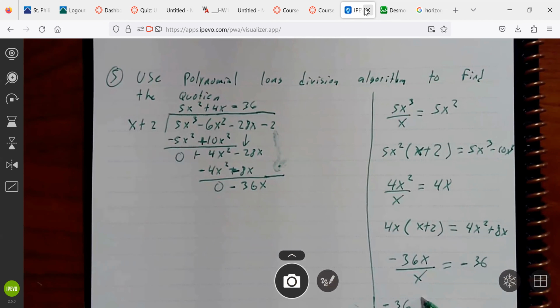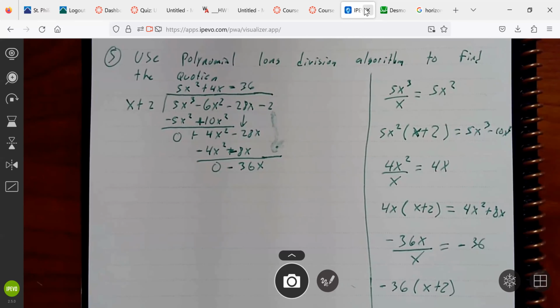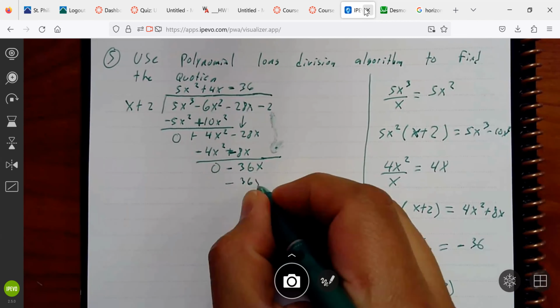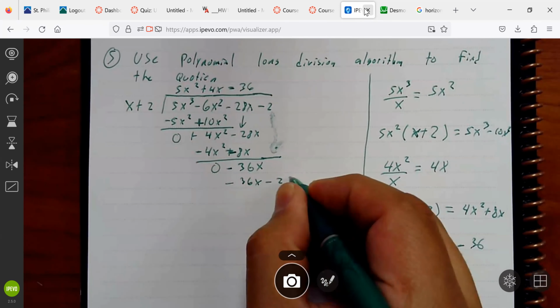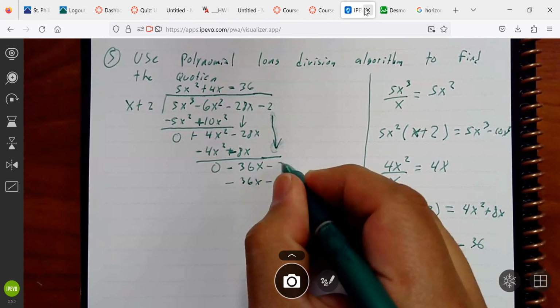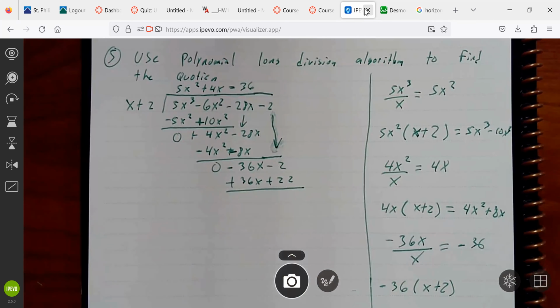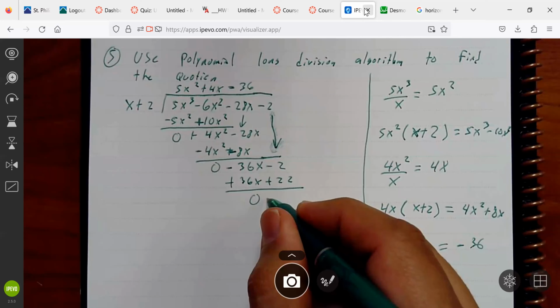Negative 36 times your divisor. So that'll be negative 36x minus 72. I guess I could go ahead and do it. But subtracting them makes them plus, giving you 0 and 20.